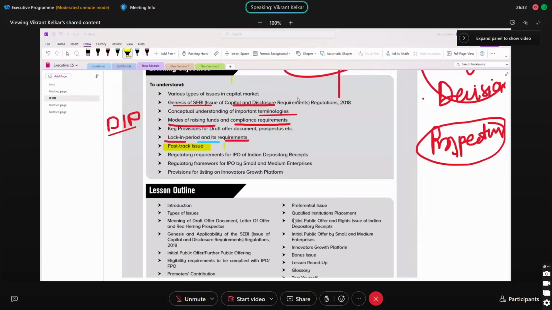I will not get the funds in the next week or next month. I have to wait around 12 months, 15 months, 18 months because of the procedural requirement. Now, whether it is problematic for a company that though IPO is a good way to collect funds from the public, it is very much time consuming.